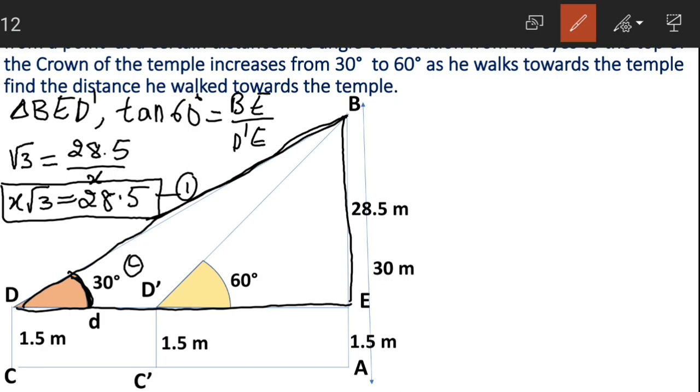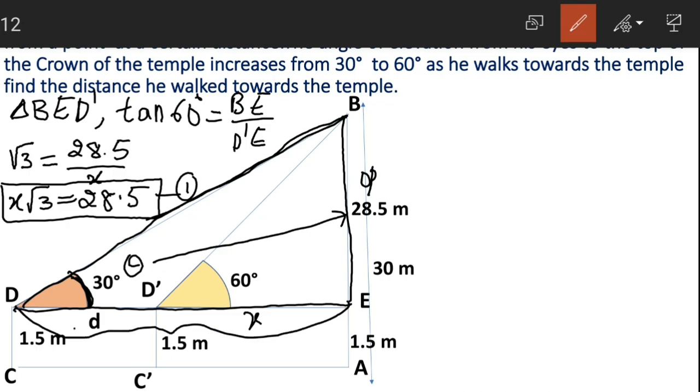Now this becomes theta, and if you observe, this becomes our opposite side, that is BE, and DE becomes our adjacent side. Here DE is nothing but, here D to D dash is small d and D dash to E is x. Therefore DE length becomes d plus x. So the adjacent side becomes d plus x. Just consider that.